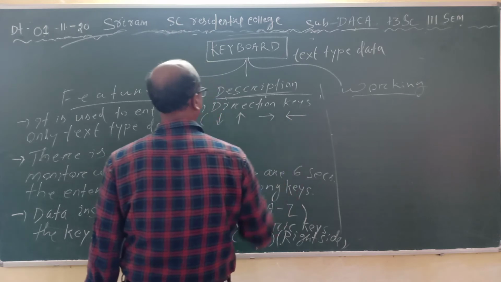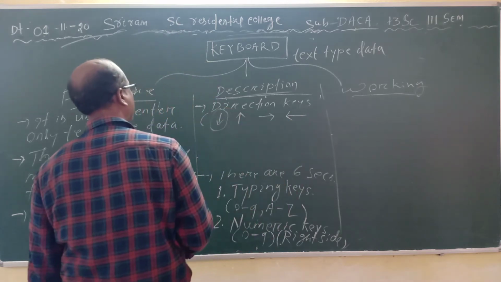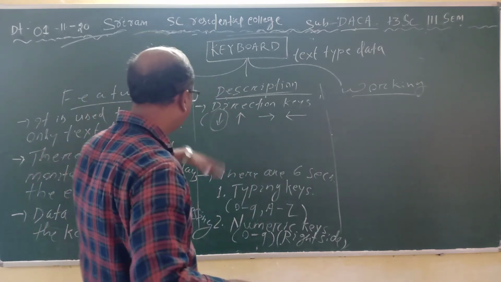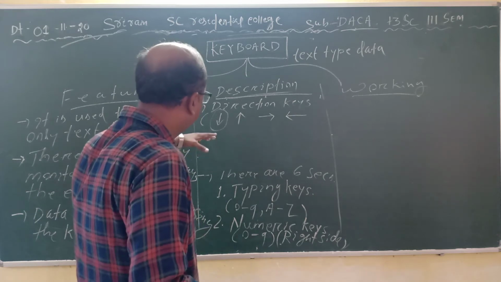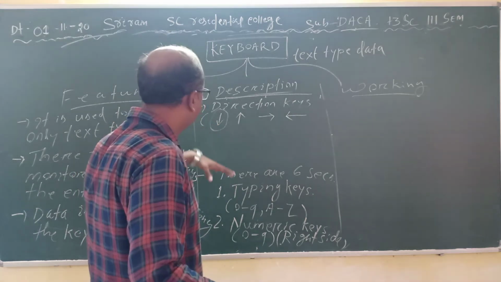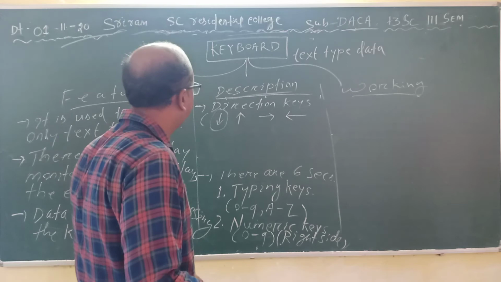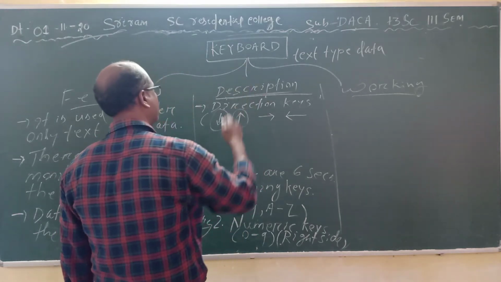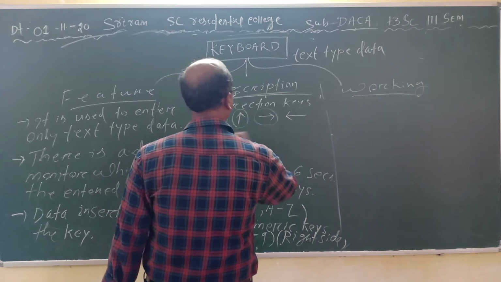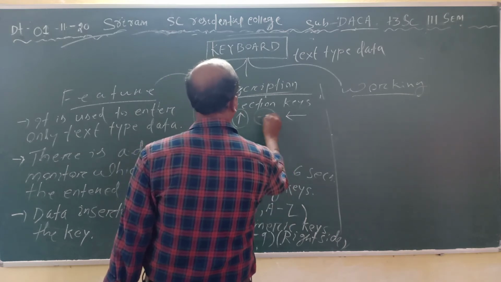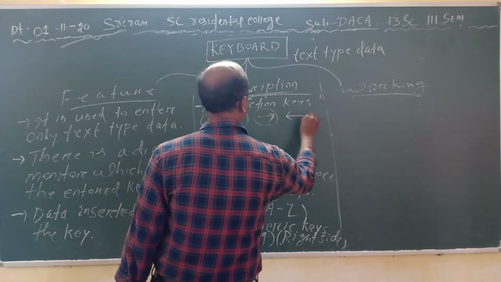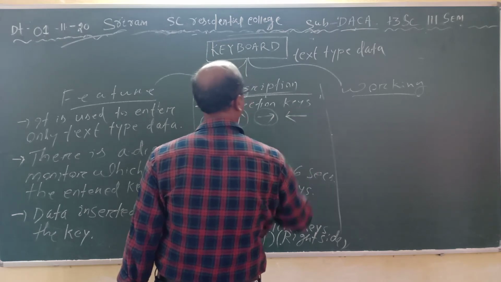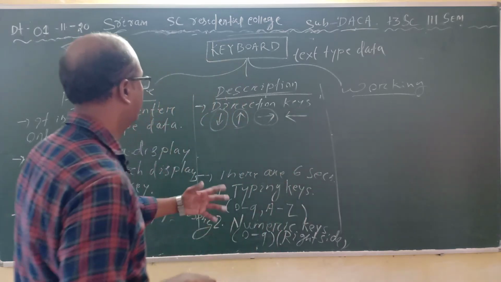This arrow indicates downwards. When you press this key, the cursor goes downward, and when you press this key, the cursor goes upward. This one is to move to the right side, and this is to move back on the screen.